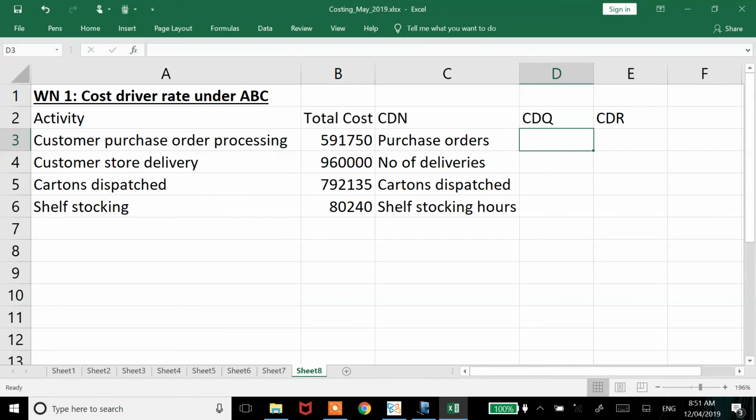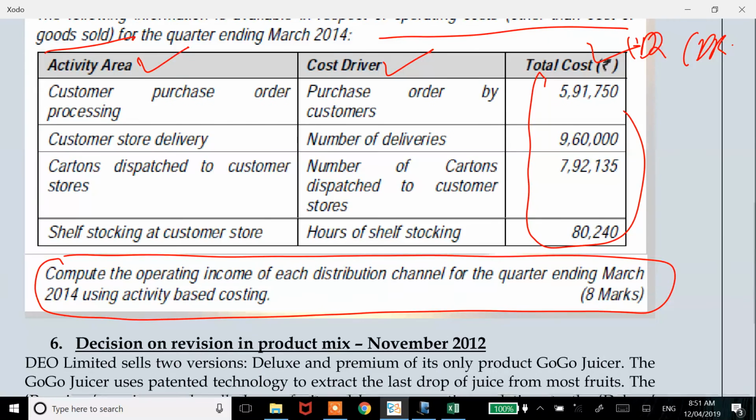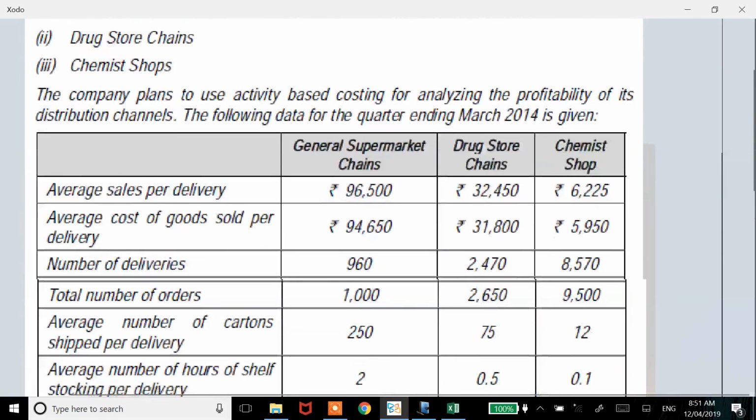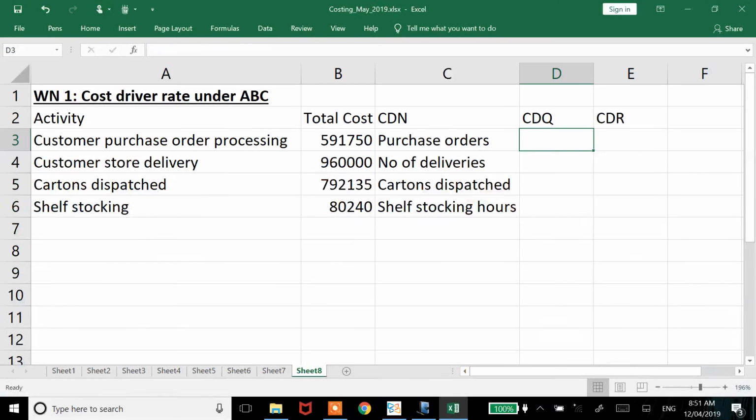Any doubts on this? How many purchase orders are there for all products put together? 13,150. Purchase orders put together is 13,150.